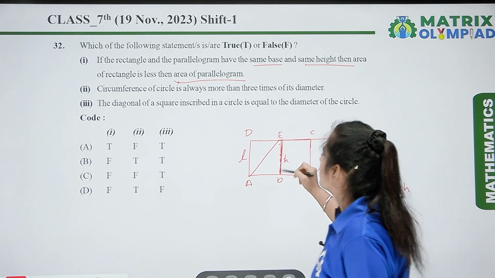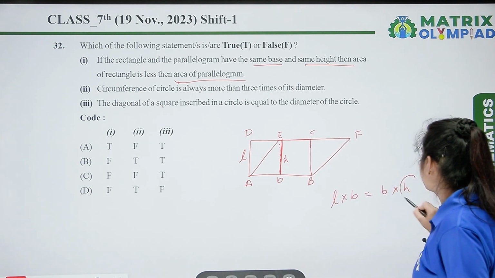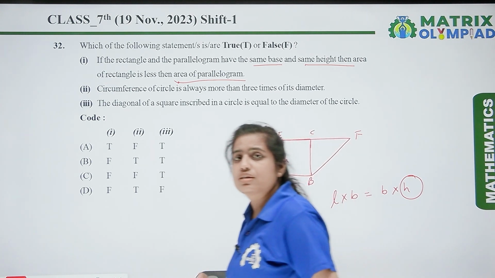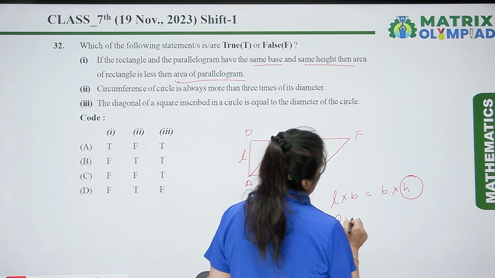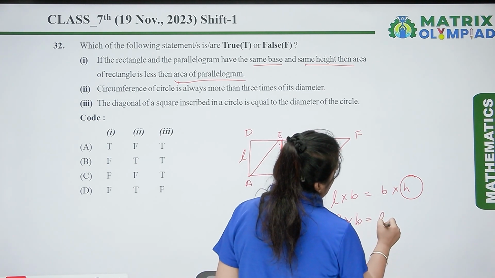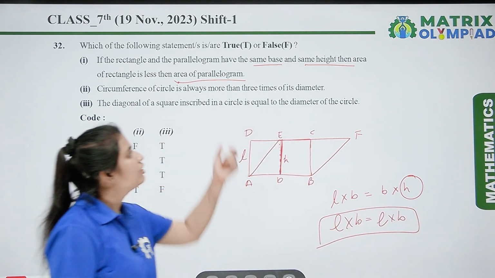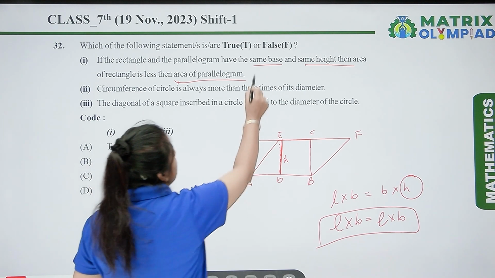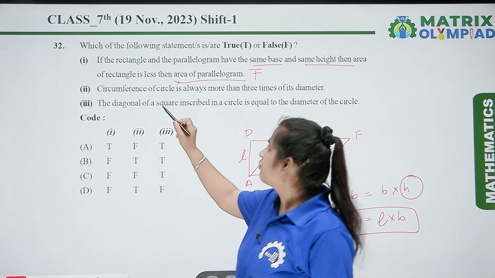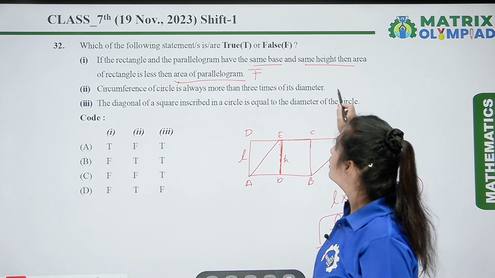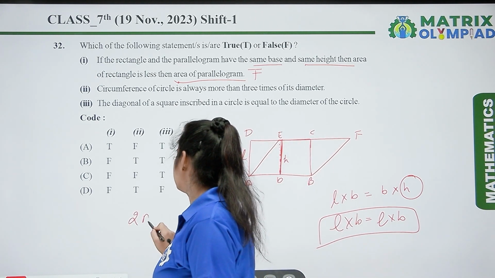Height is equal to length, so we can place length in place of height. After putting the value, we get the same area. So the first statement is false. Now the next statement. The second statement says the circumference of a circle is always more than 3 times its diameter. Circumference is 2 pi r.